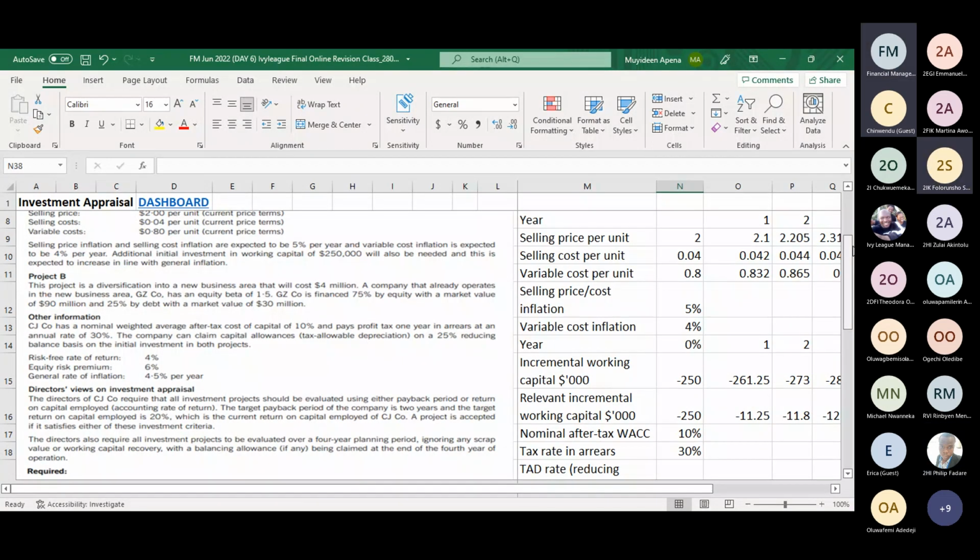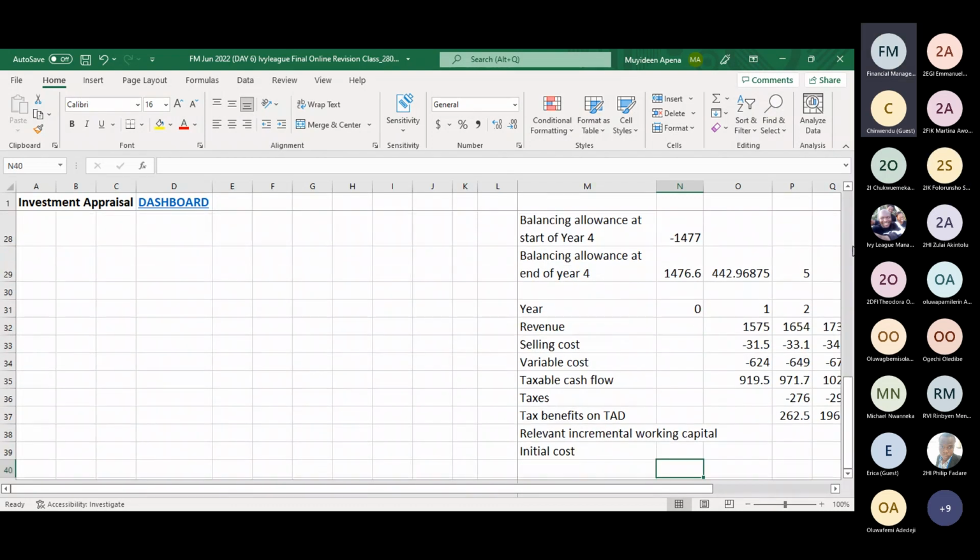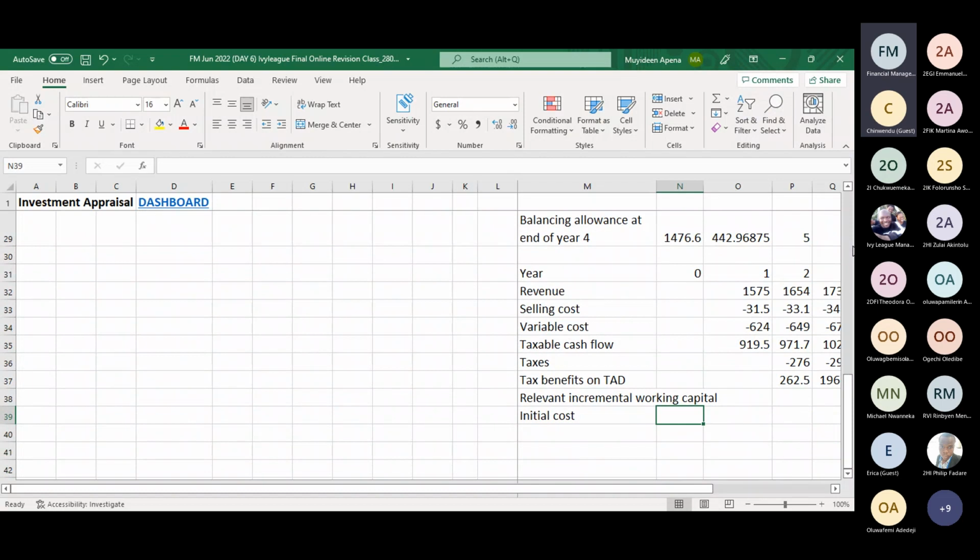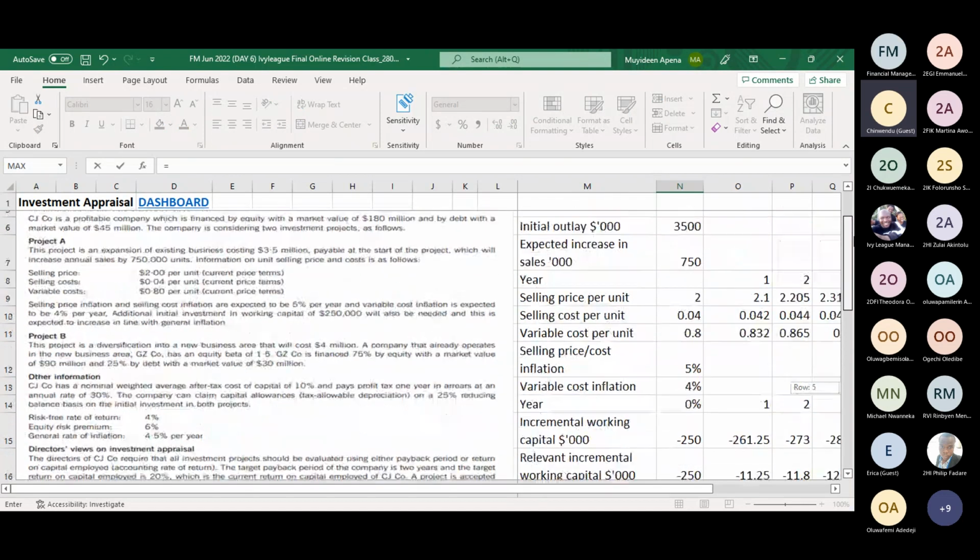Additional initial investment in working capital would also be needed. So this is a fresh requirement for this project. So this is relevant. Okay, you need to pay attention to the narrative, please. So we'll bring this in year 0.